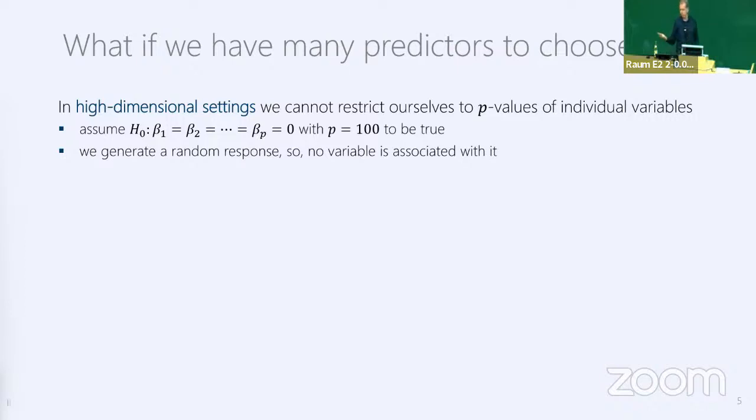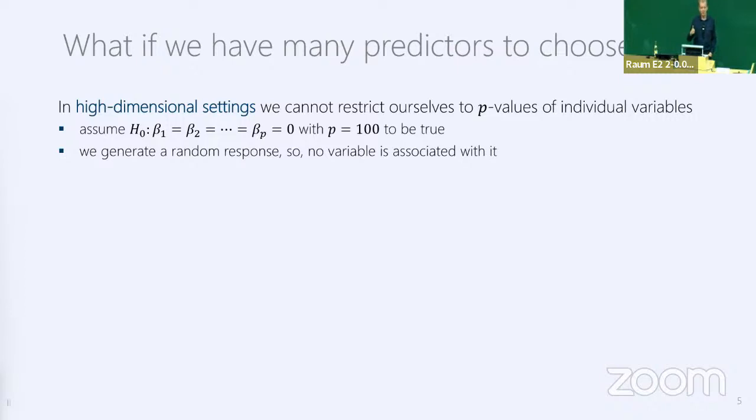Well, in principle, we can just do exactly that, and the F statistic allows for it. However, things start to become a little bit murky. Suppose that we have the setting where we have 100 predictors, and we have this data, and we now generate a random response. There is no relationship between the gene activations that we got in the lab, or think of your favorite type of data, and the response.